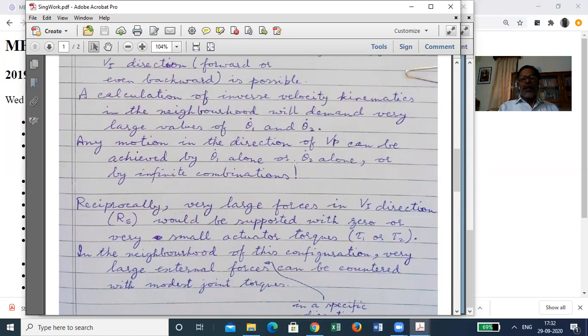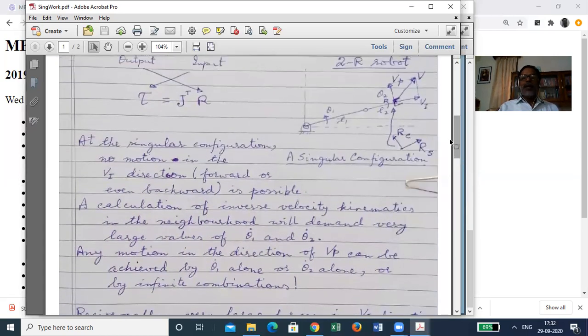On the other side, if you look at the forces, you will find that some forces in this direction will be supported freely, I mean without any joint torque, because you see, a torque at this joint will produce a force in this direction. A torque at this joint also will produce a force in this direction only.